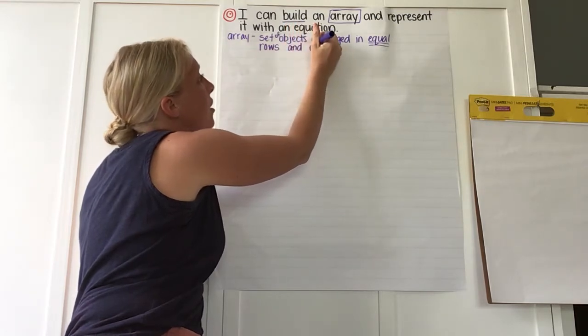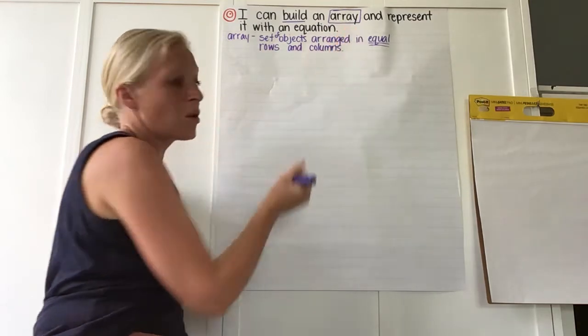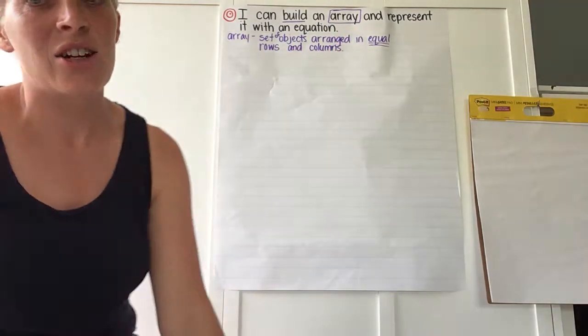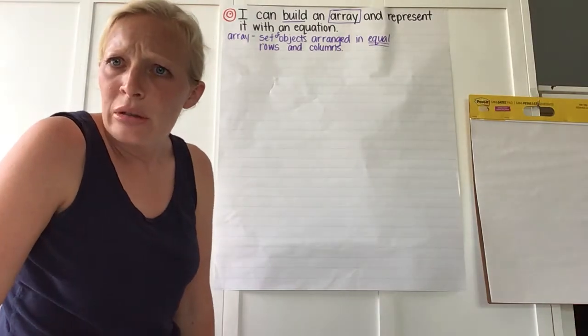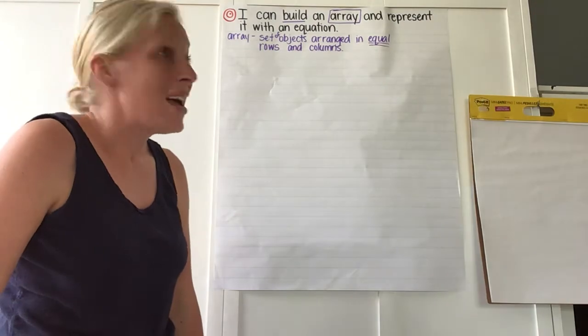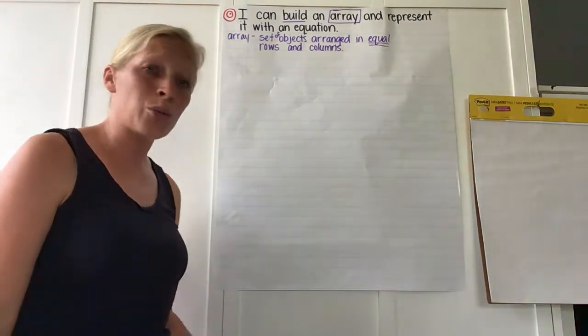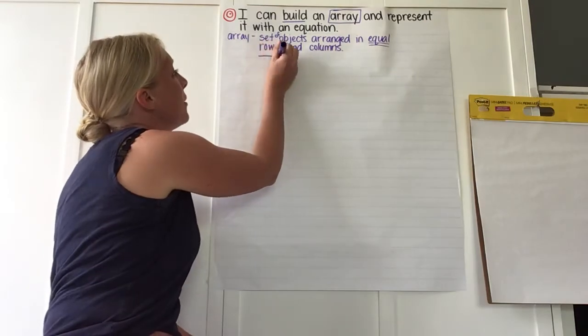and columns. Yes, equal rows and columns. Now you might say, rows, columns, what are you talking about, Mrs. Baker? And I will tell you, a row is what's going across, okay?